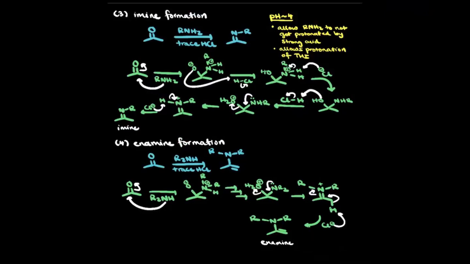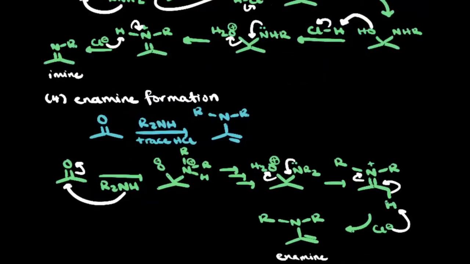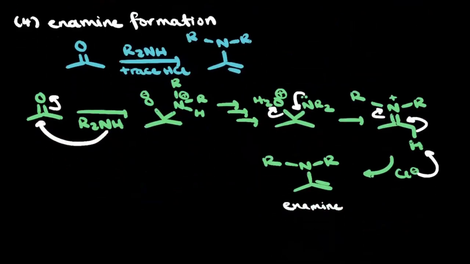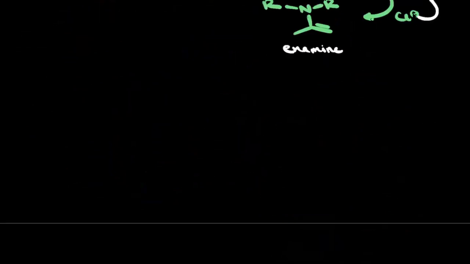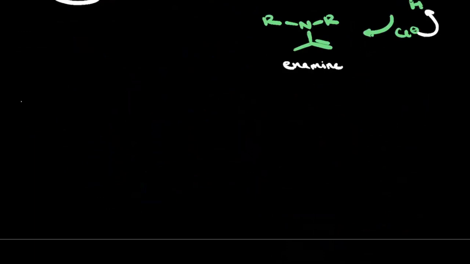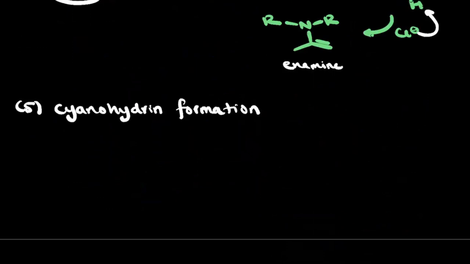All right, so now let's go ahead and start moving more into the basic territory. We're going to start off with a very weakly basic reaction. And this is going to be our cyanohydrin formation. Okay, so for our cyanohydrin formation, there are many different ways that you can see this represented.